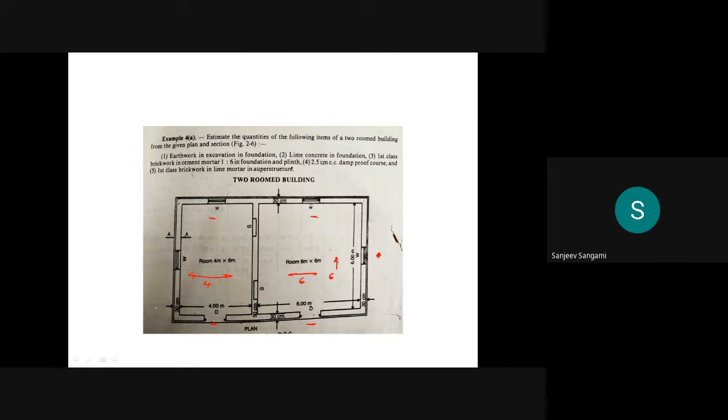And very importantly, the thickness of the wall for all the sides. Here it is 30 centimeter, and on the other side it is also 30 centimeters. Here also it is 30 centimeter, and here also. That is the first thing you have to observe. Most of the time, he may change the thickness, so unknowingly you may go wrong.